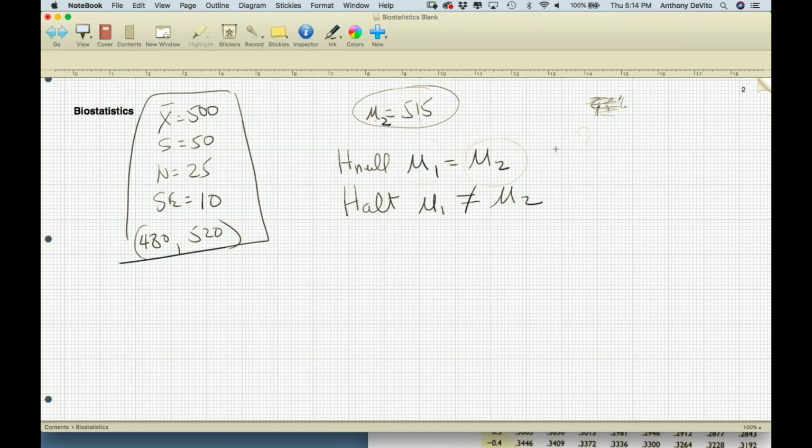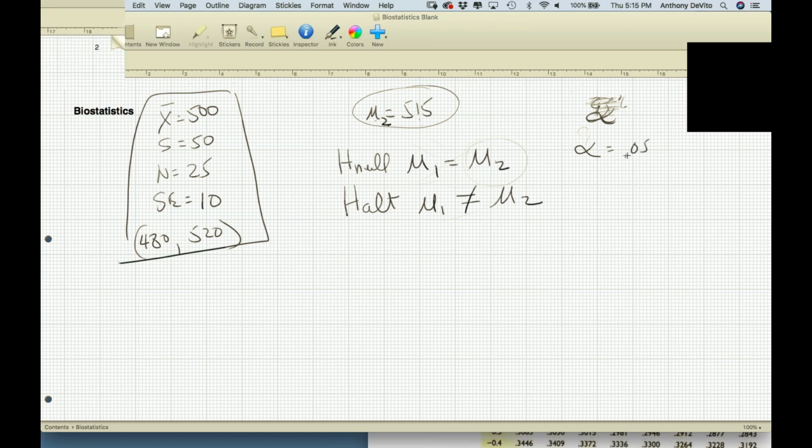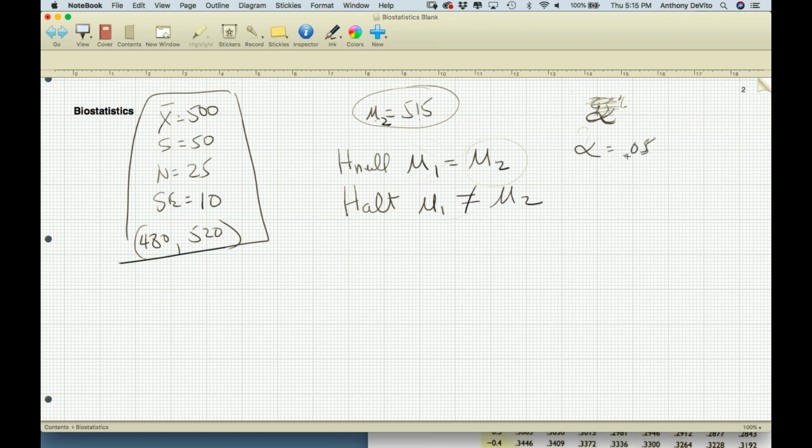We express it in terms of what level of error we are willing to accept. That's called alpha error. Alpha error is the probability that you would be wrong if you say that these are different, reject the null hypothesis, and accept the alternative hypothesis. So if I want to be 95% certain, what would that mean your alpha is equal to? Your alpha is equal to 5%. You're willing to accept a 5% chance of being wrong.